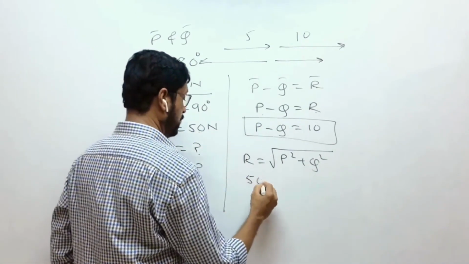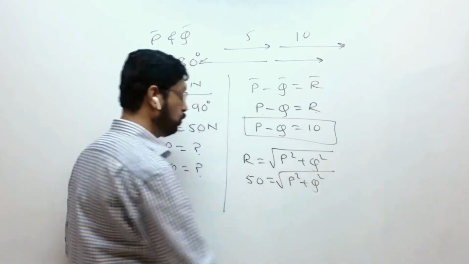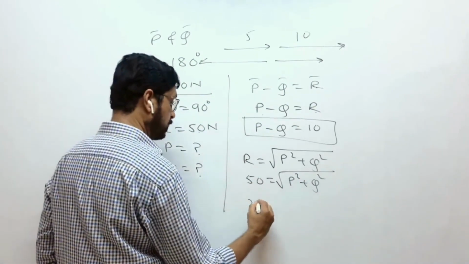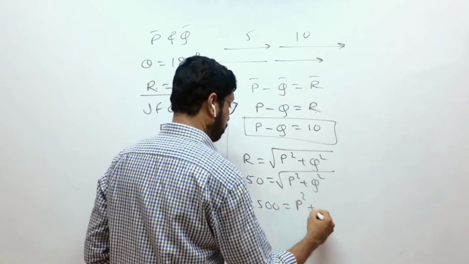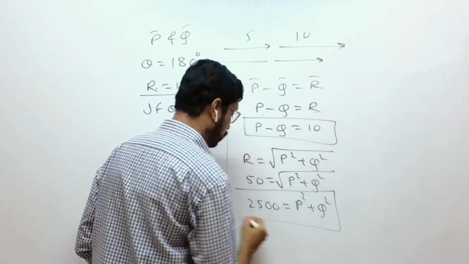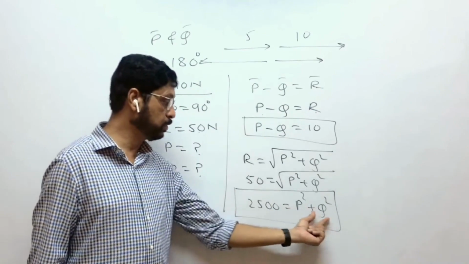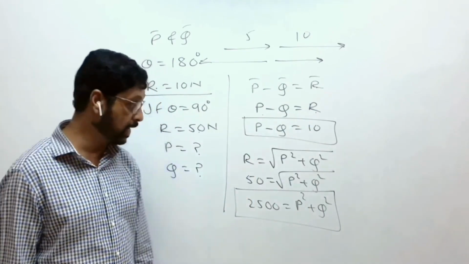So 50 is equal to under root P square plus Q square. Square both the sides. 50 squared is 2500, is equal to P square plus Q square. You got another equation. So P square plus Q square is 2500 and P minus Q is equal to 10.